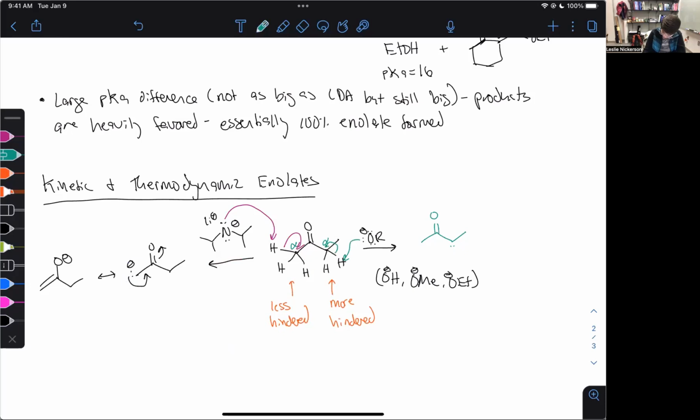So I can end up with this enolate, which is then in resonance with this one. And this is the important part.